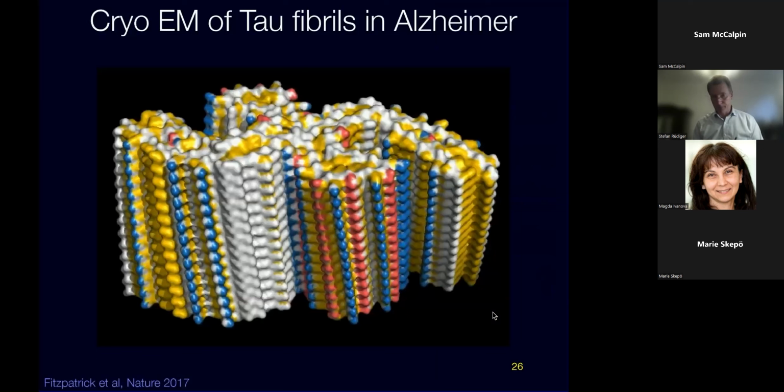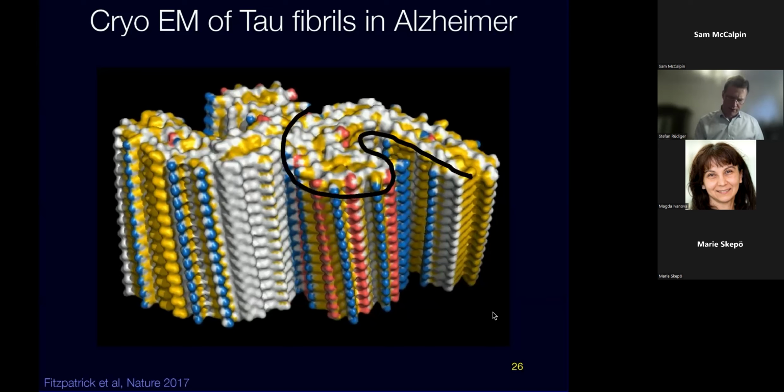I mean, the laboratory of Sjors Scheres provided Cryo EM structures for lots of various fibrils. And we now look at one example. It's actually the fibril from Alzheimer's, from material purified from patients' brains. So what we do see, we basically have a dimeric structure, right?